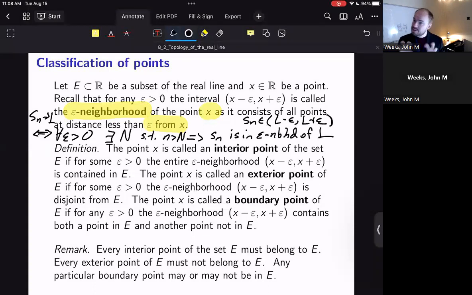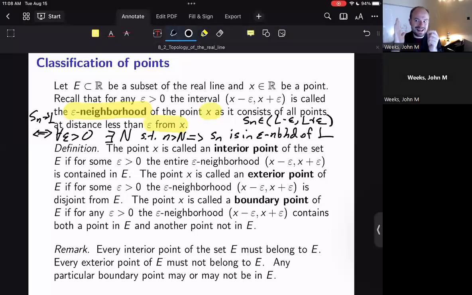And now this notion of epsilon neighborhood has more to do than just working with the limit of a sequence. Epsilon neighborhoods are useful because you can in some sense say what points are close to a point by determining how many epsilon neighborhoods it's in. In some sense, what is the smallest possible epsilon neighborhood of this point x such that the other point I'm looking at is still inside of it?